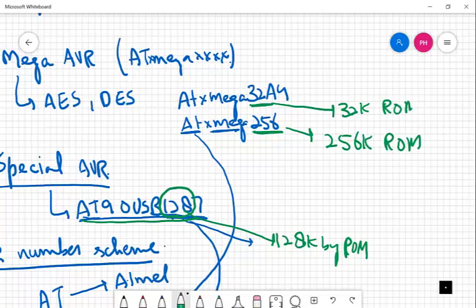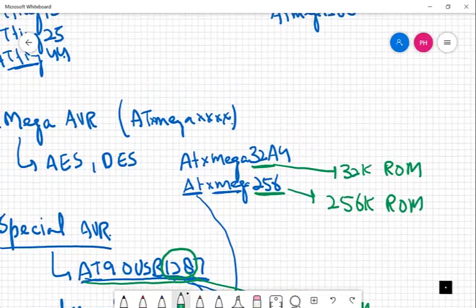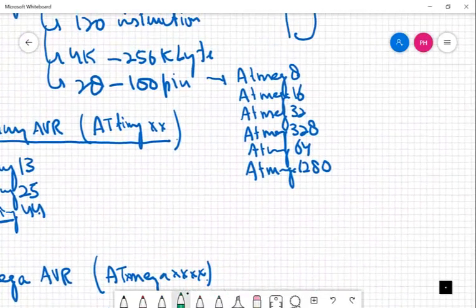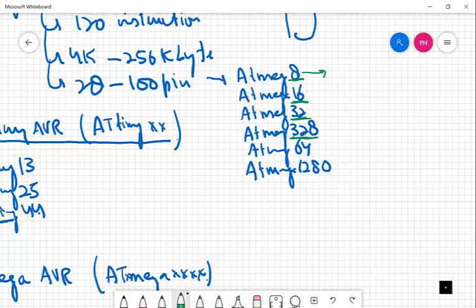And ROM is important because it's where we store our program. Similarly, here the biggest number that's a power of 2 is 8, so it has 8 kilobytes of ROM. Here we have 16, here we have 32. In this case, the biggest number that's a power of 2 is not 328 but 32 only, so the amount of ROM is 32 kilobytes. In this case, 64.